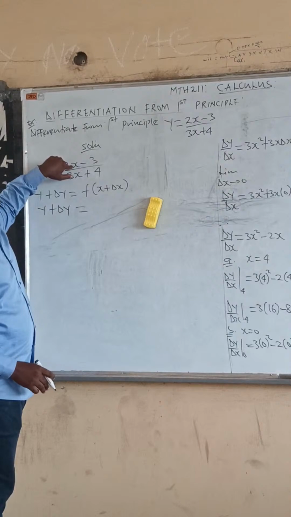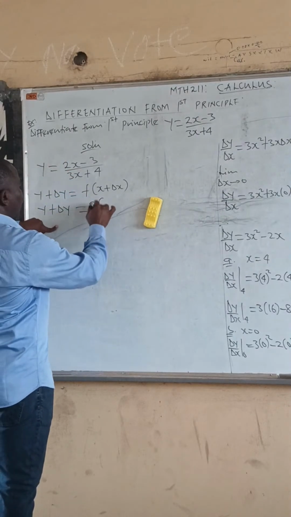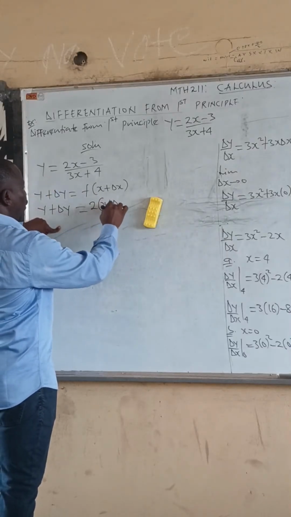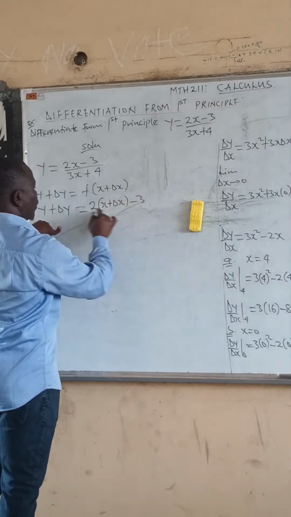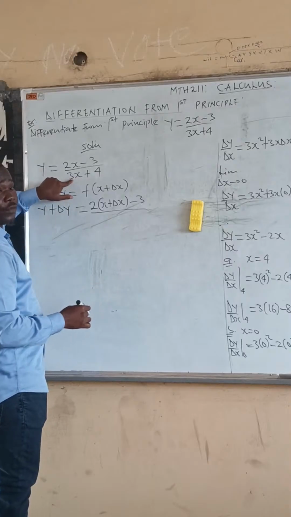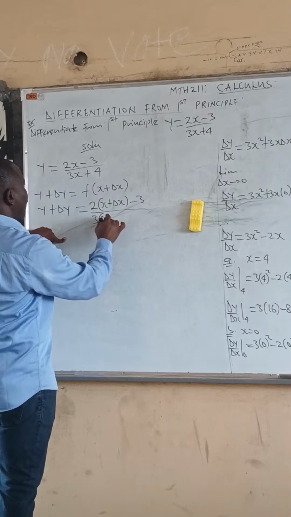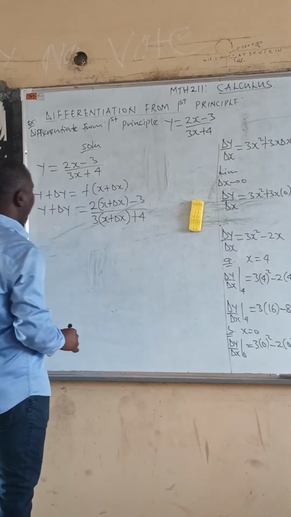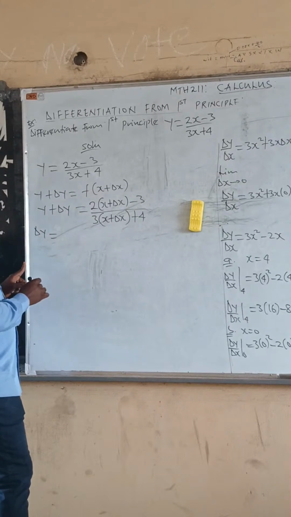This is your x, so we'll substitute in, because your f is 2 times x plus dx minus 3, all over the same thing. F here is 3 open bracket x plus dx plus 4. Then now here we are going to have our dy, where we subtract y from both sides.